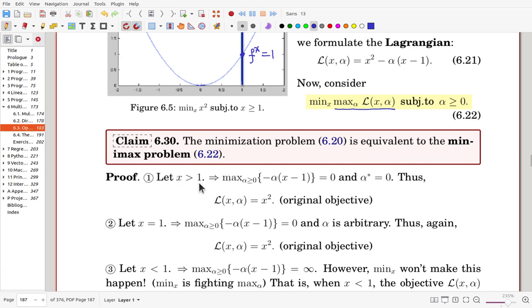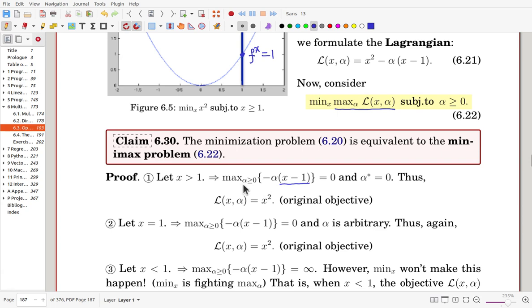When x is strictly larger than 1, this portion is positive, and with this negation, it is always non-positive.